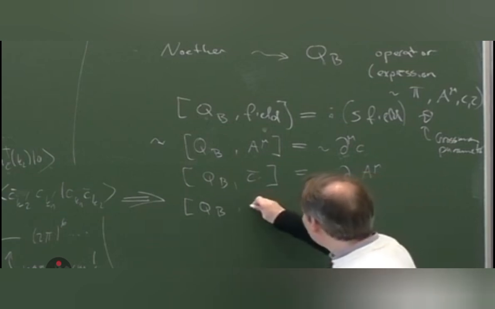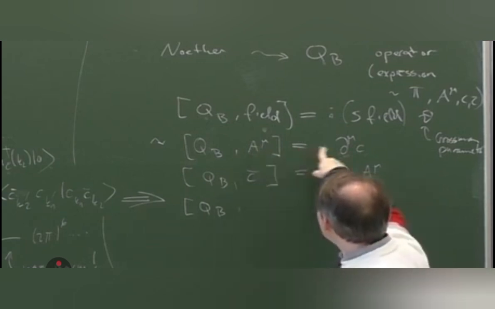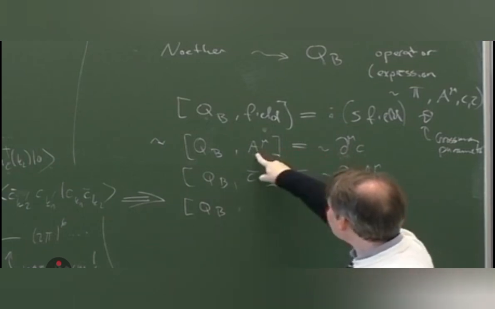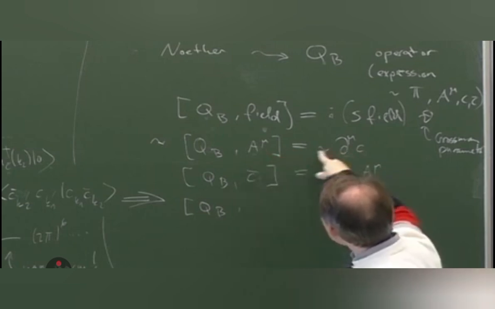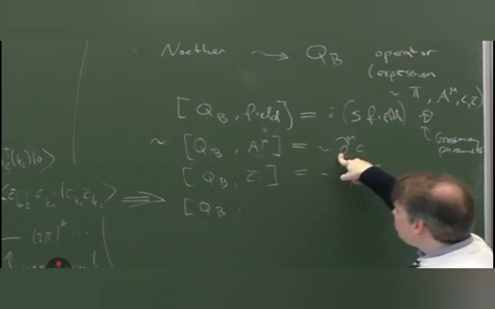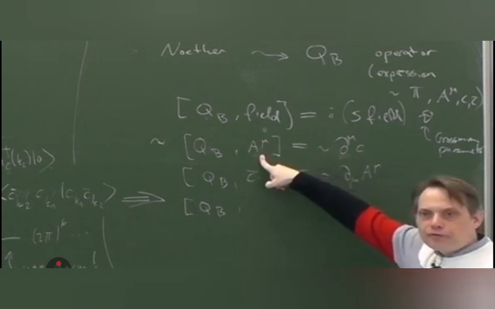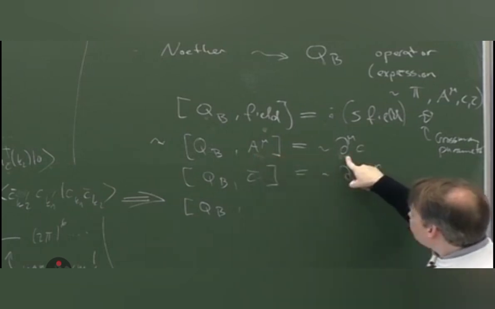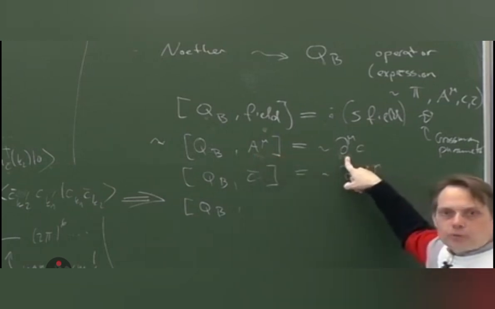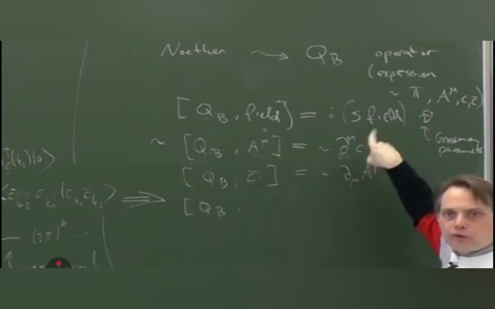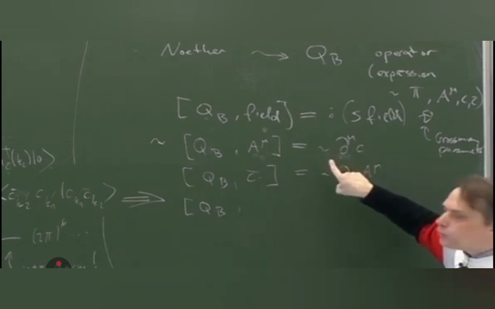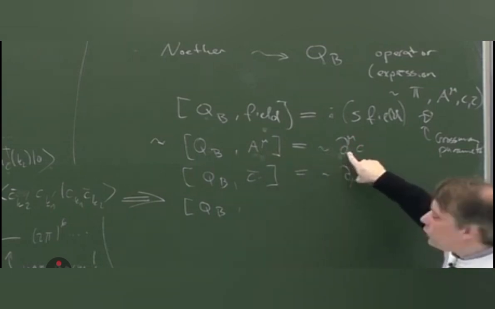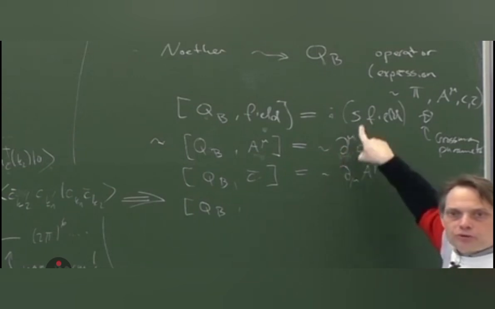So if you look at this relationship here, on the left-hand side we have the full vector field with 4 different polarizations. On the right-hand side we have something which is a total derivative. What happens if you go to momentum space? If you go to momentum space, then the right-hand side is proportional to the 4-vector k_mu.